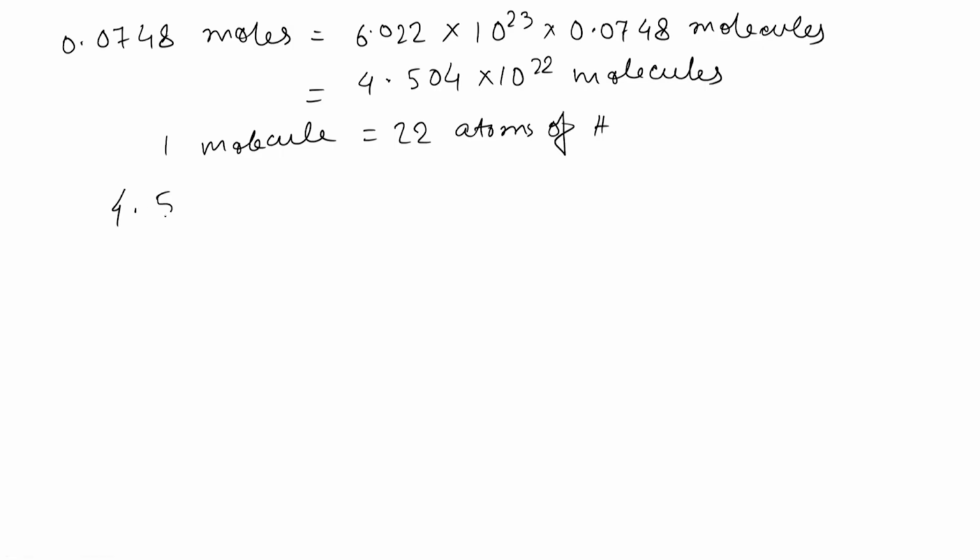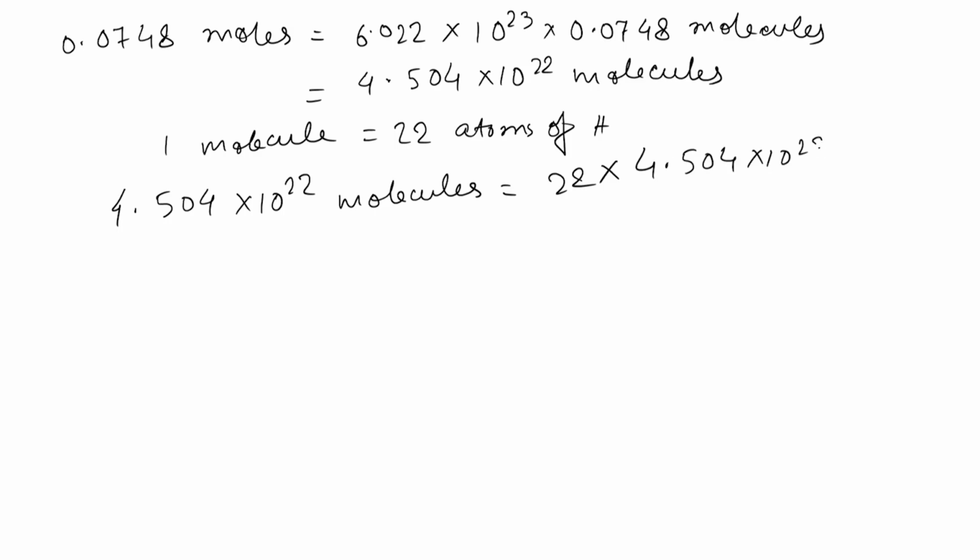So, 4.504 into 10 to the power 22 molecules of sucrose will contain 22 into this. This comes as 9.9088 into 10 to the power 23 atoms of hydrogen.